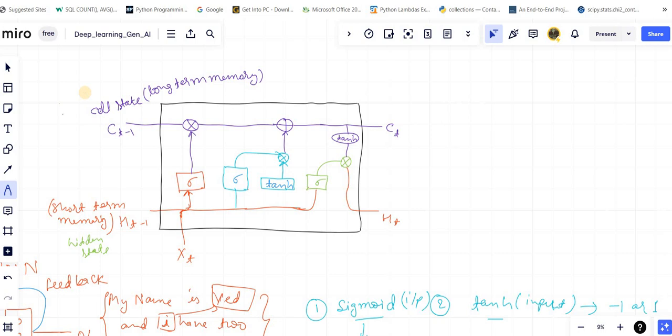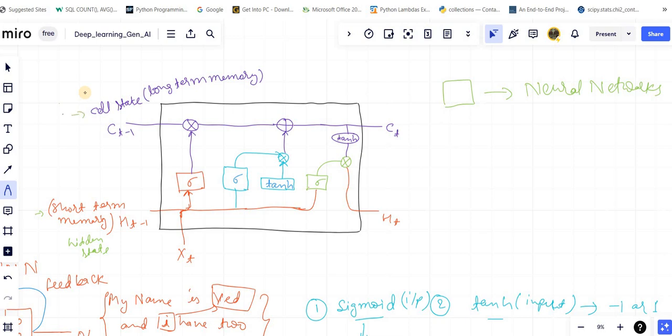So wherever these boxes are, this box, this box, this box, this box, these are all neural networks. Yes, you can see here I had written short-term memory and this is the long-term memory.